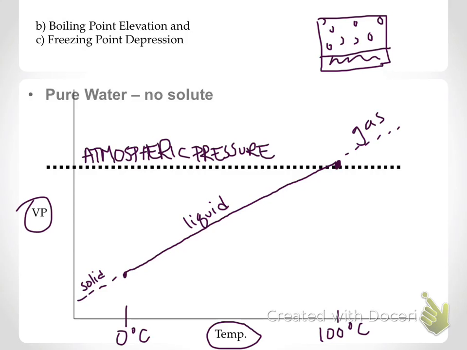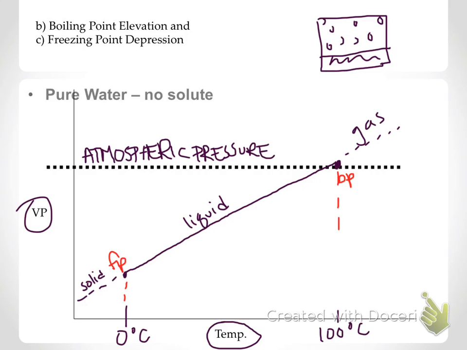When you get to the point where this vapor pressure is going to meet the atmospheric pressure around it, then it will actually boil. So we've got our boiling point and we've got our freezing point. So I'm just going to mark those real quick. So here's our BP and here's our FP.